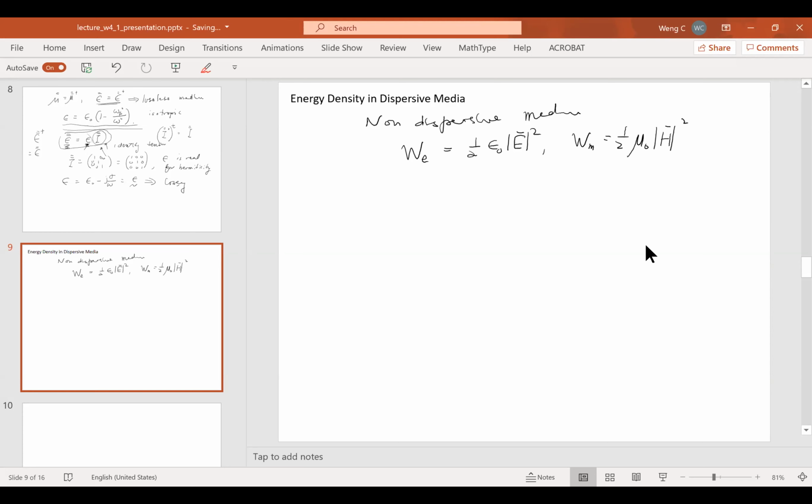Do these two equations make sense to you? It probably is something that you have studied before in your undergraduate days too. You recognize that if you have electric field, it stores energy. The energy density is given by the first equation. And then if you have magnetic field, it also stores energy, and the energy density is given by the second expression. Okay, does this make sense to you?